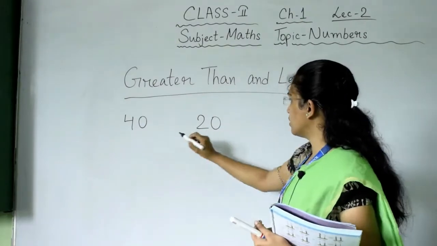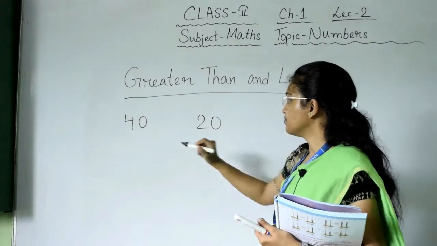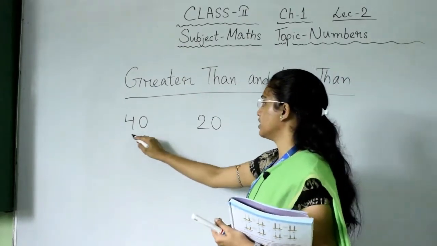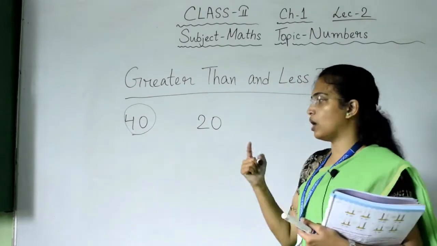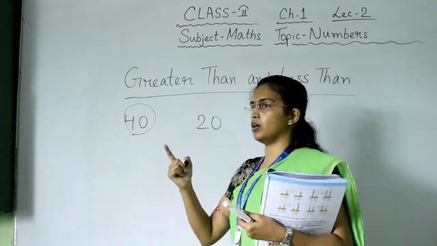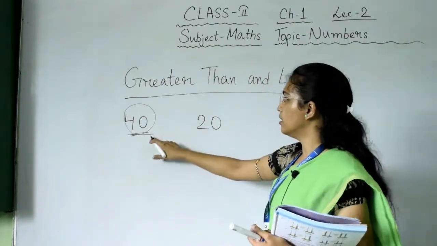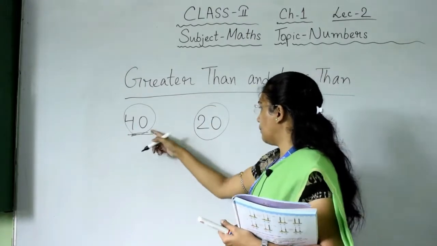So tell me which one is the bigger number, 40 or 20? Yes, 40 is our bigger number, because when we count from 1 to 40, the 40 will come at the last. So it is the bigger number and 20 is the smaller number among these two numbers.